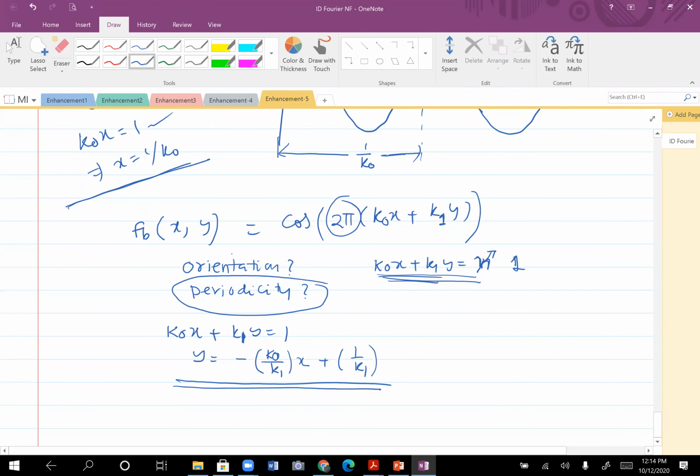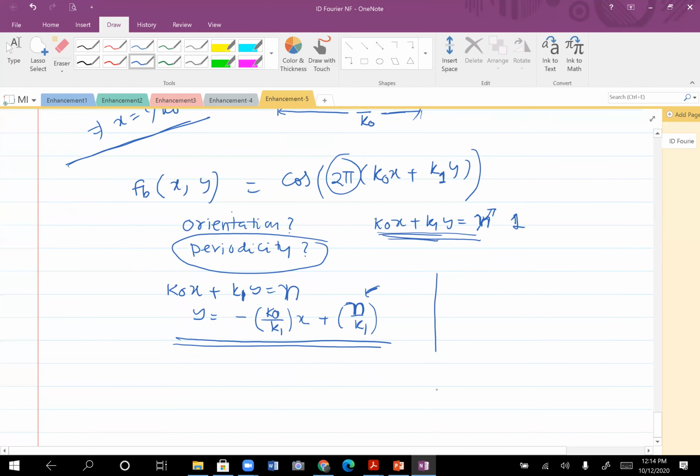This would be periodic after that. Let me keep n for a moment. This is equal to n, so n by k1. After every n equal to 1, 2, 3, and so on, this gets repeated. What I am saying is this looks like y equal to mx plus c.